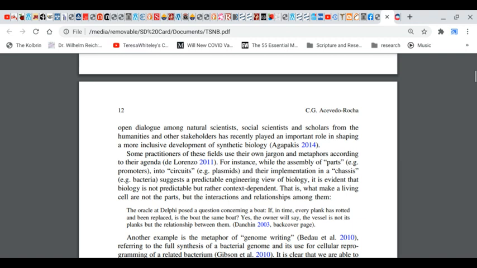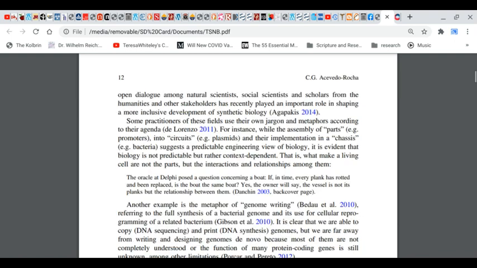For instance, while the assembly of parts, being promoters, into circuits, e.g., plasmids, and their implementation in a chassis bacteria suggests a predictable engineering view of biology, it's evident that biology is not predictable, but rather context dependent. That is, what makes a living cell are not the parts, but the interactions and relationships among them.